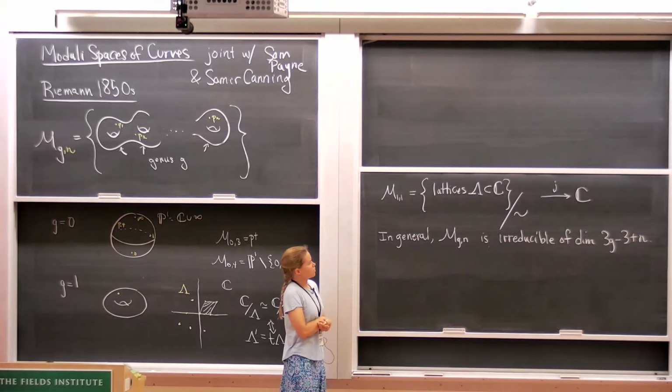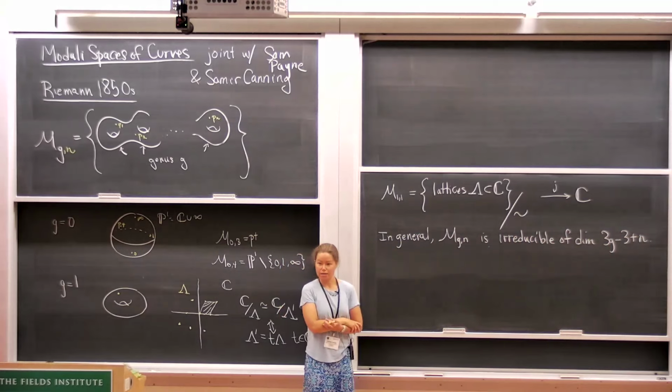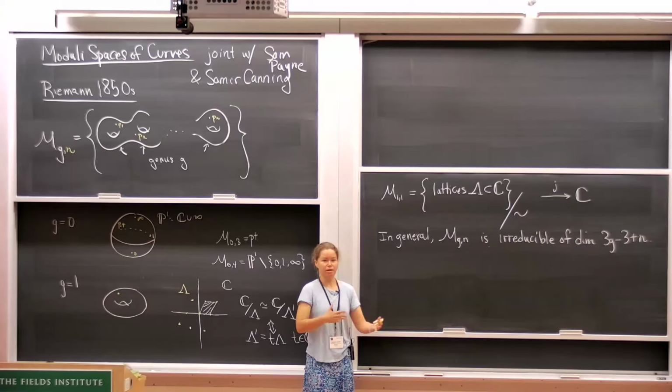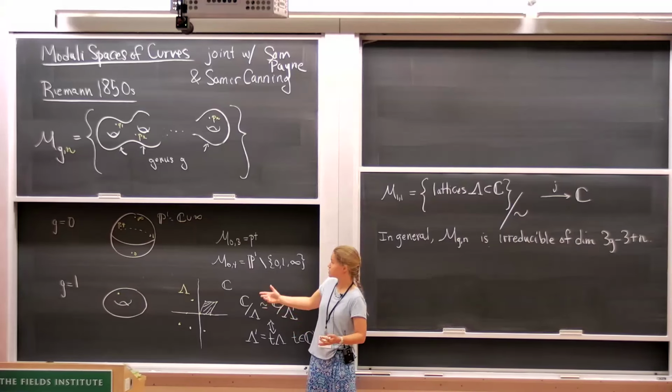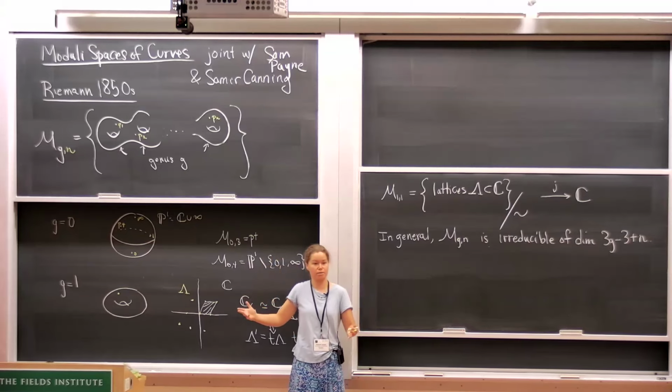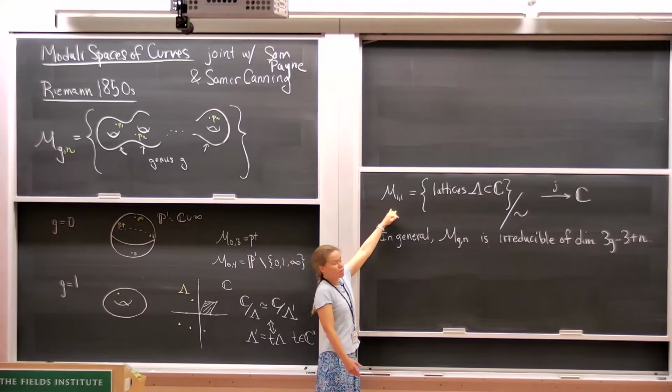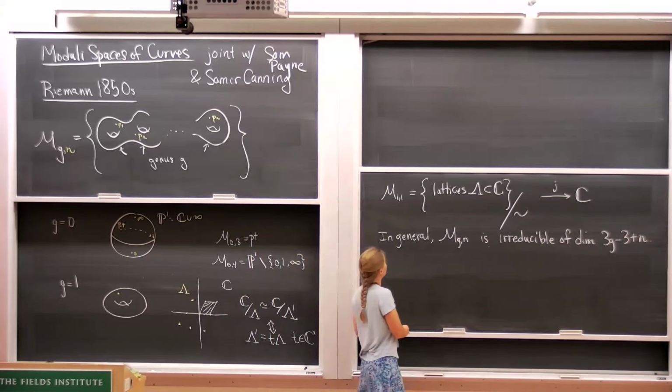But there's one way in which M_{g,n} is lacking, which is that if I have a family of smooth curves, the limit of that family might not correspond to a point in the moduli space. In other words, this space, M_{g,n}, is not compact. We see this already in our first example, M_{1,1}.